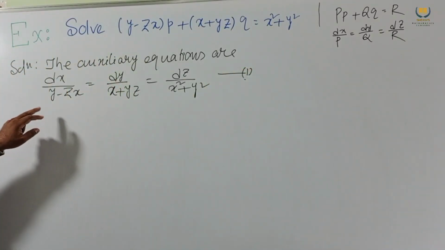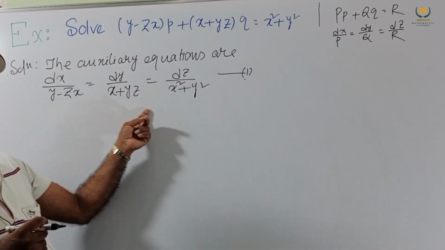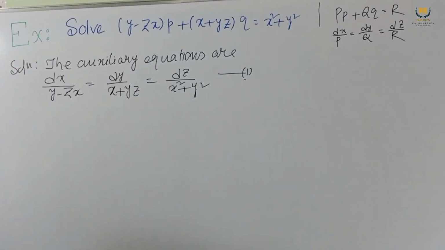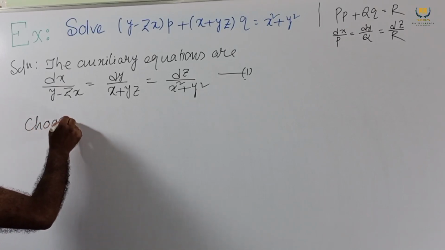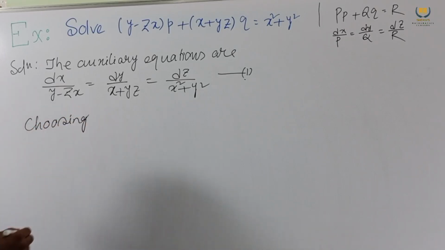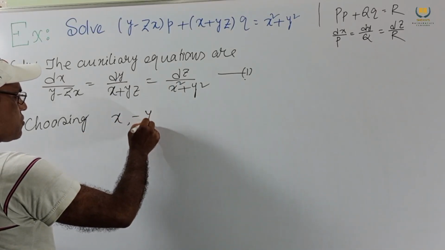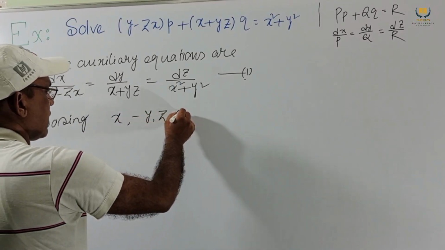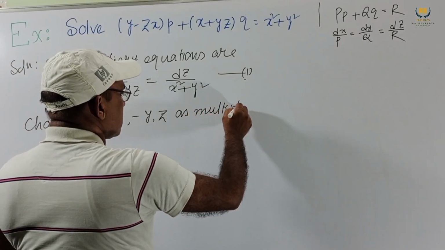So first we choose some multipliers so that the denominator must be equal to 0. So we choose x, -y, z as multipliers.